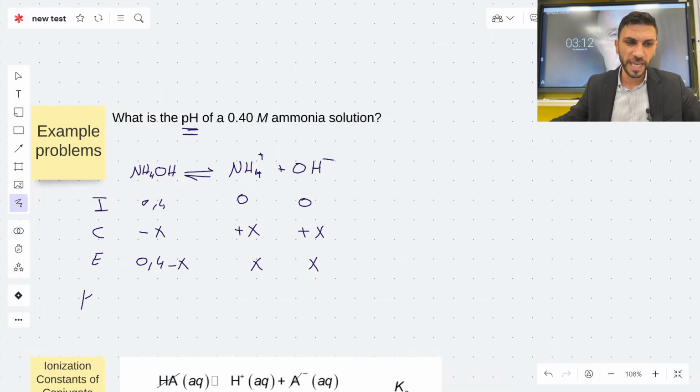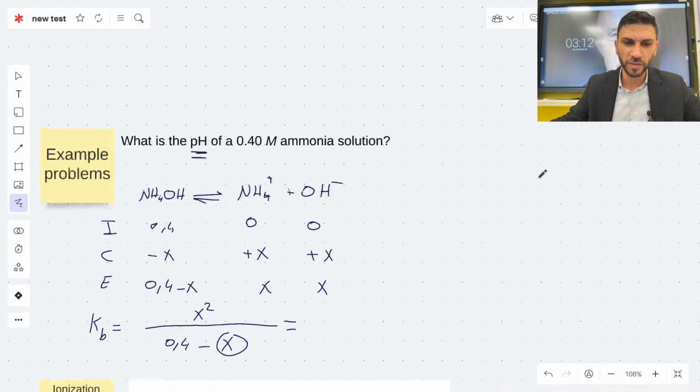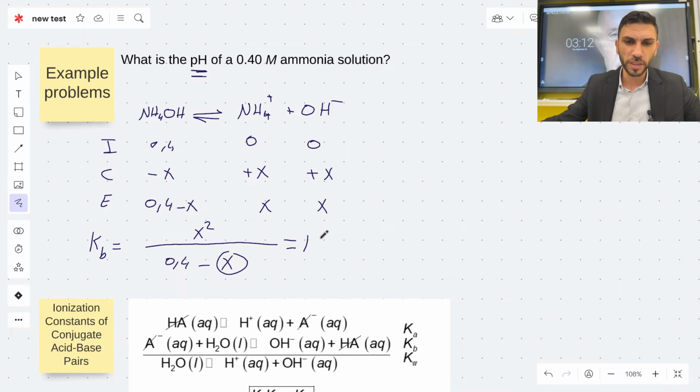Now the Kb for the ammonia is going to be x squared over 0.4 minus x, with x neglected, which equals, when we go back to the ammonia, 1.8 times 10 to the power of negative 5.